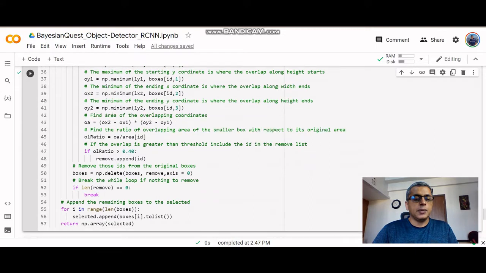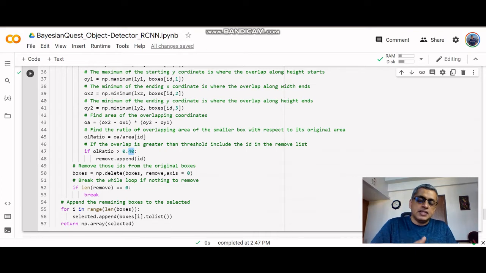Maybe I'll mention some of the parameters here. This ratio, of how much the overlap happens, is something which you can alter and then see what the effect of it is. Here I've defined an overlap ratio of 0.4. What it means is, if the overlap is larger than 0.4, we are excluding those bounding boxes.